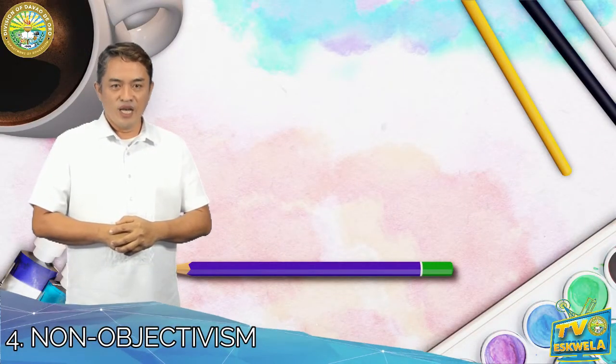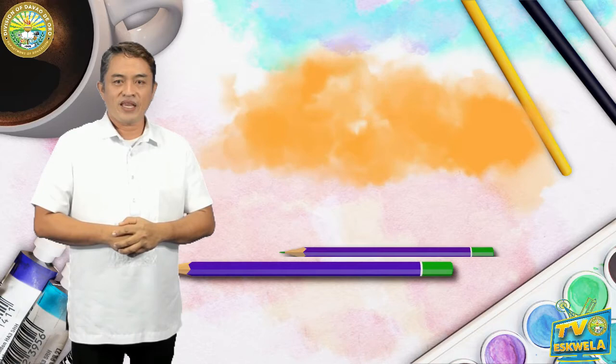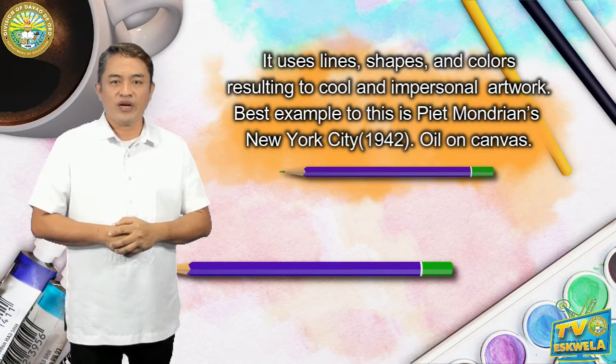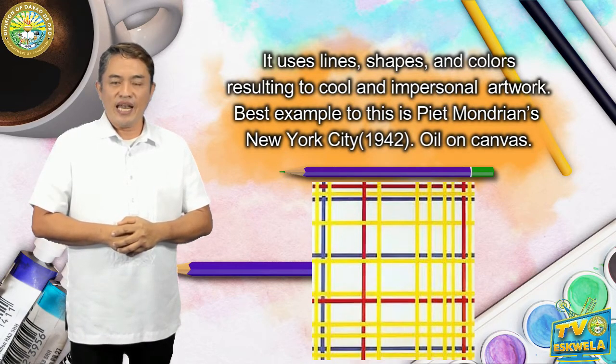Fourth, non-objectivism. It uses lines, shapes, and colors resulting in cool and impersonal artwork. Best example of this is Piet Mondrian's New York City in 1942, oil on canvas.